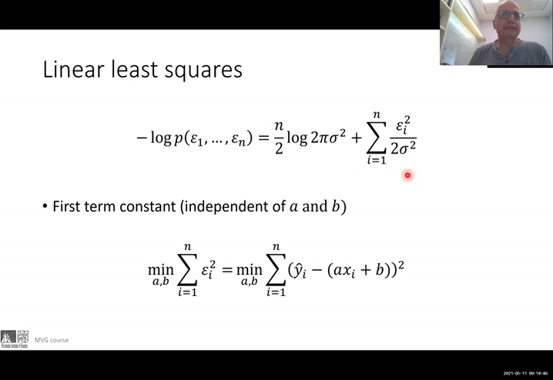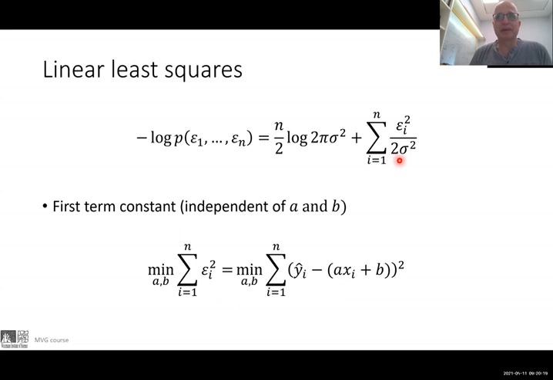We can notice that the first term is independent of a and b. The second term contains epsilon i, and so it depends on a and b. How? Simply, epsilon is the difference between the y value and the one that we measured. So really we just need to minimize the second term.